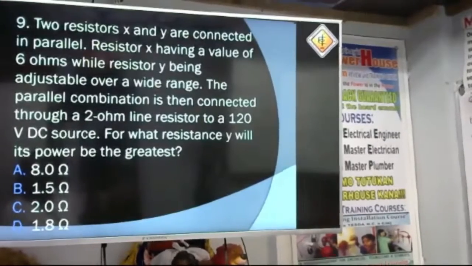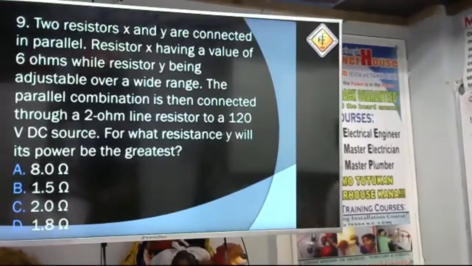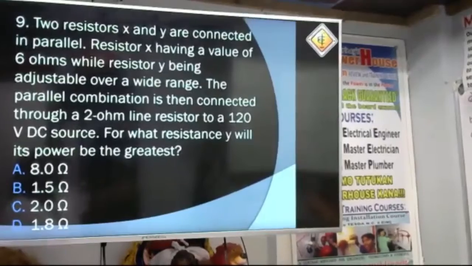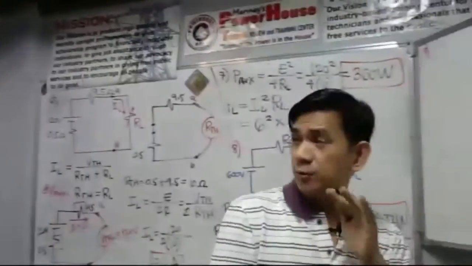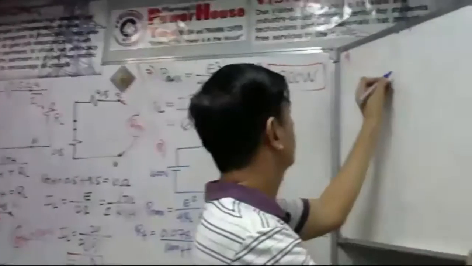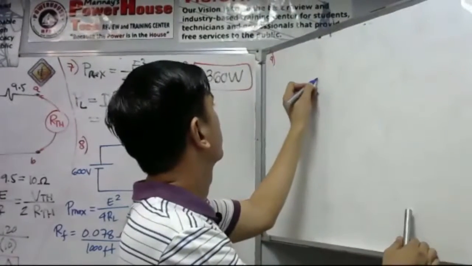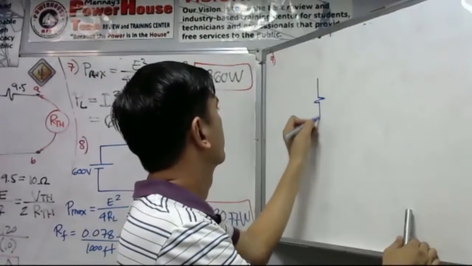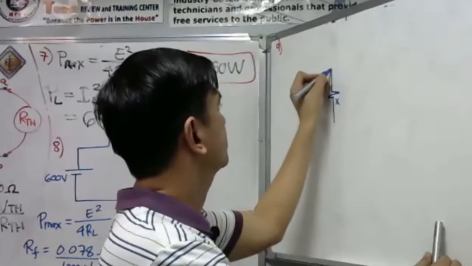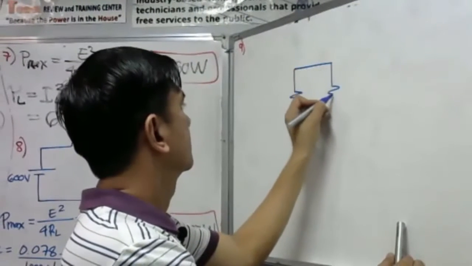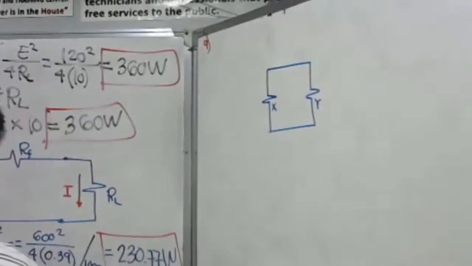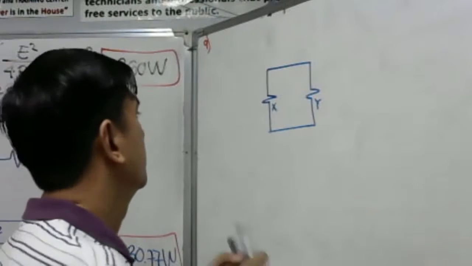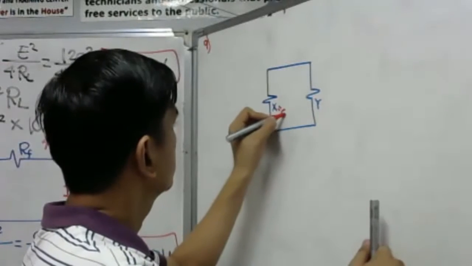Okay, so let us draw now the circuit. We have first two resistors X and Y. I show this to you. Say this is resistor X. Then we have resistor Y. There. Resistor X having a value of 6 ohms. So I will put here 6 ohms.